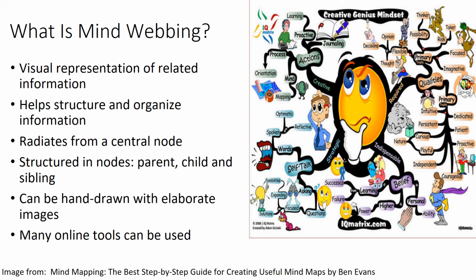A mind web is a visual representation of whatever the intended related information is, whether it's revolution, history, geography, current events, etc. A mind web helps to structure and organize all of this information for you. It is organized in a simple visual format where you create the web, like a spider web. You create the connections by drawing the lines that connect up. It is, once again, your idea, your big picture.